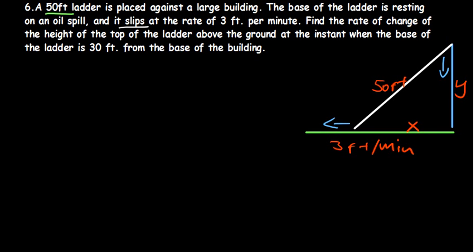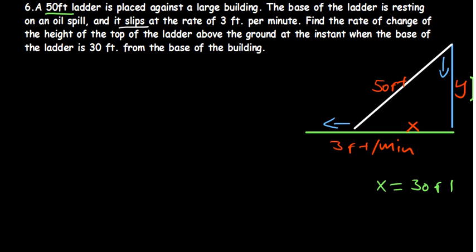So we are told that at the point where the value of x, which represents the base, is 30 feet, find the rate at which the height will be increasing or, actually, reducing. The height in this case is y, and of course we expect that it's decreasing, right? So expect to find a negative rate of change of y.